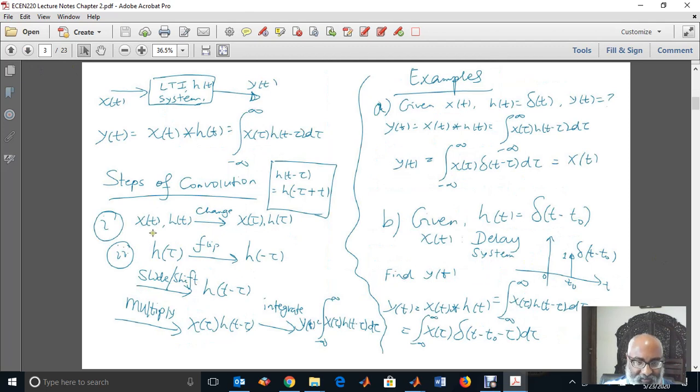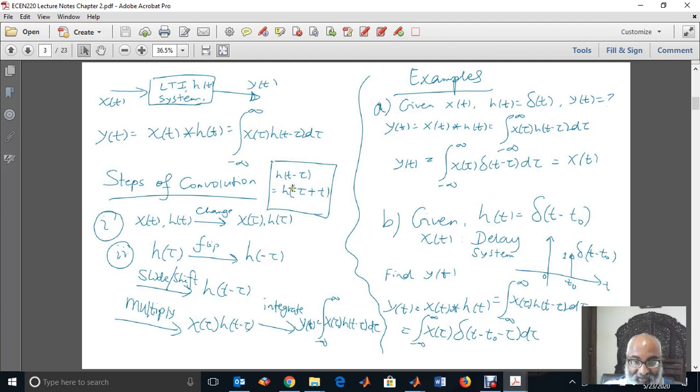Okay, so we already said the steps: x of t, h of t, we change it to x tau, h tau. Then h tau, we flip it to get h of minus tau. Then we shift it to get h of t minus tau. Actually, h of t minus tau means h of minus tau plus t. Okay? So if t is positive, shift right. Why?